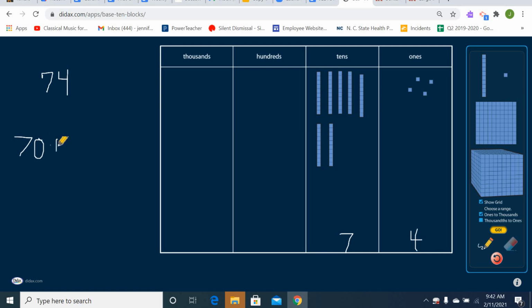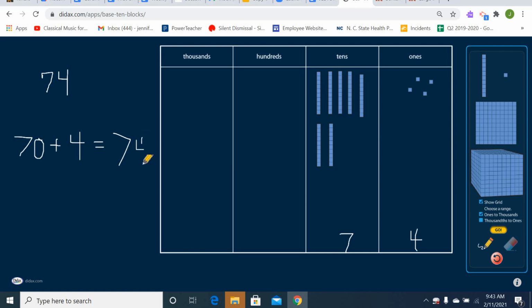Plus, okay, my value of 4 is 4, because my 4 is in the ones place, which means I have 4 ones. So my value of 4 is 4. And I know that that equals 74. Whoops, that's a crazy looking 7.